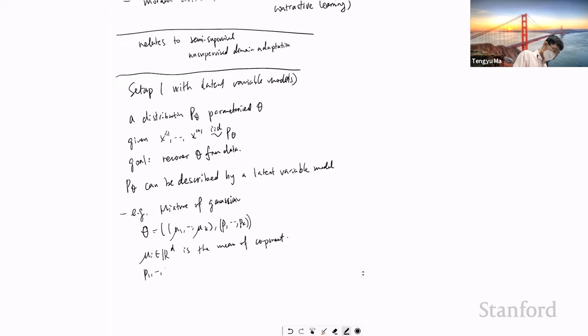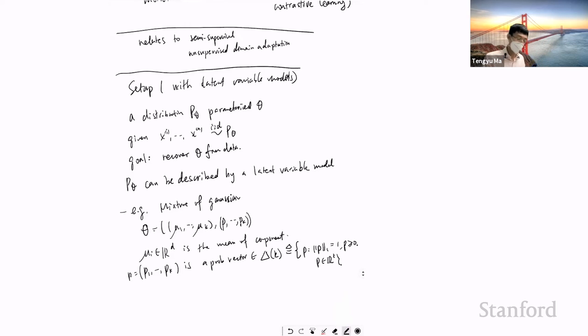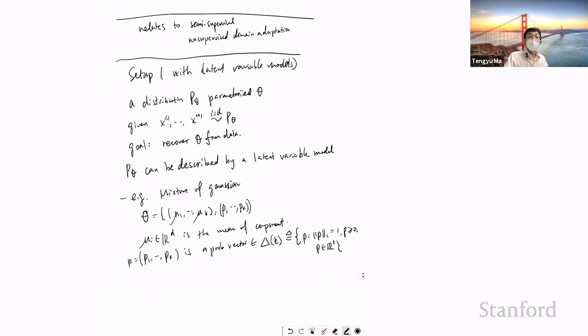And p1 up to pk is a probability vector, in the simplex, let's call it delta k, which is basically the set of non-negative vectors in dimension k with norm equal to 1. So p1 up to pk is a probability vector over k items.